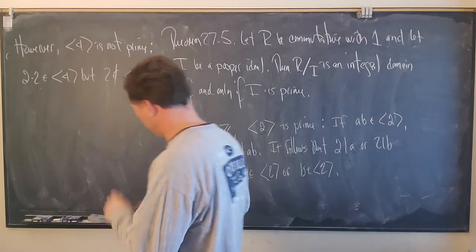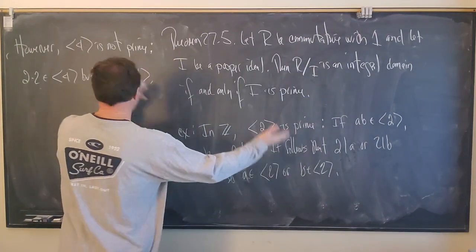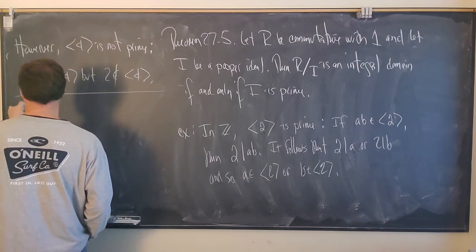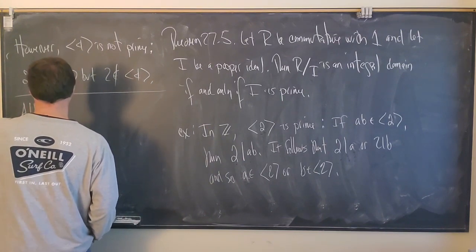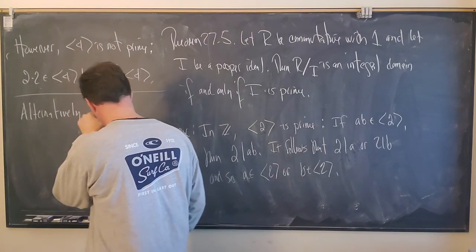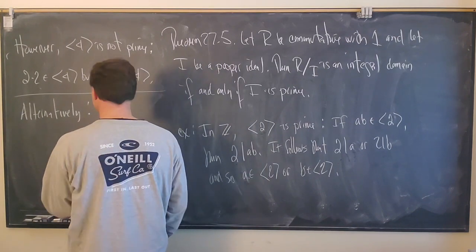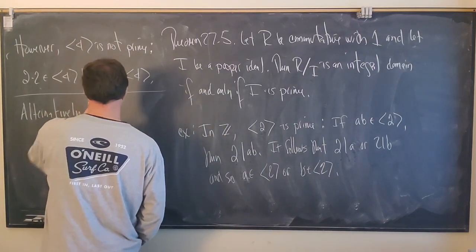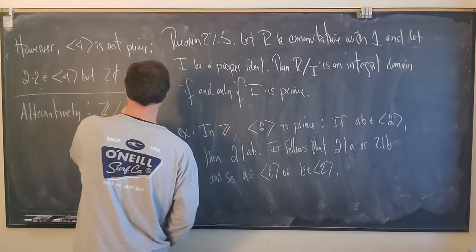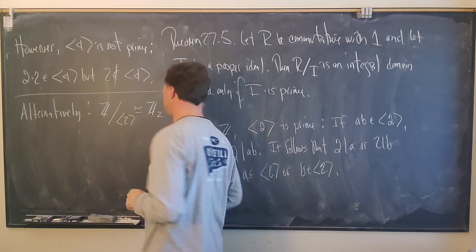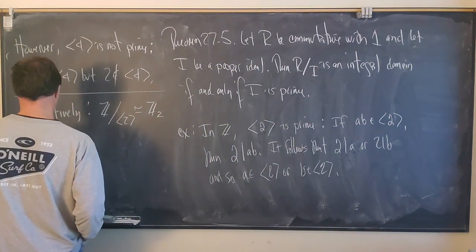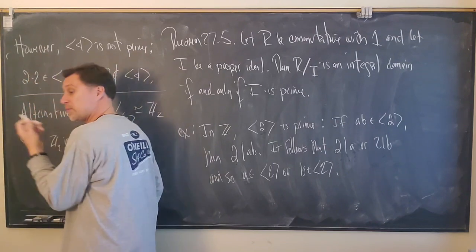Alternatively, I showed these both directly, but continuing in the same example, we could use the theorem that we just had. So Z mod the ideal generated by 2 is isomorphic to Z2. This is a field, which means it's an integral domain.